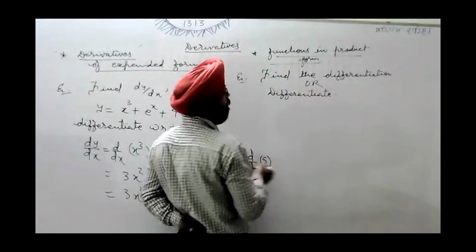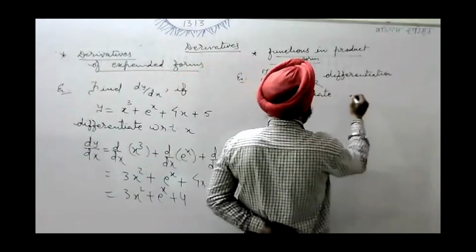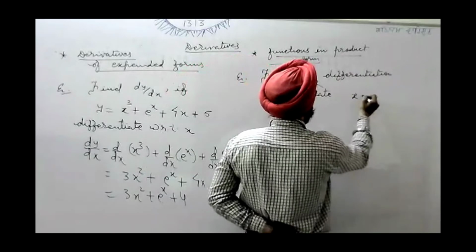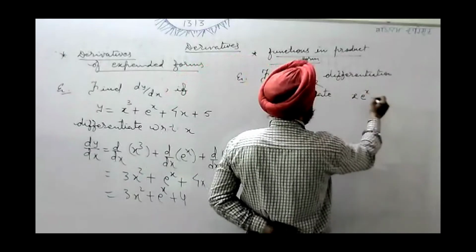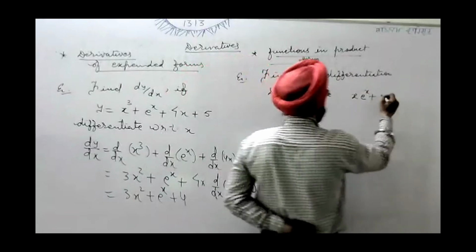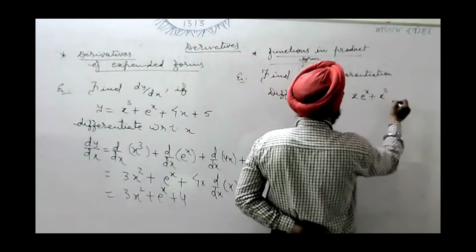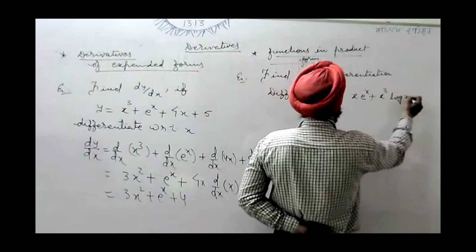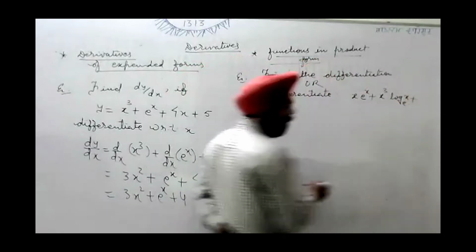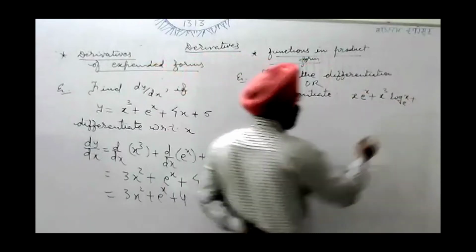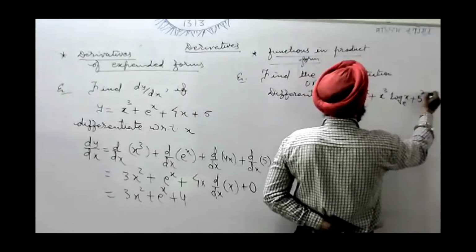What to differentiate? Suppose I say x e to the power x plus x cube log of x to the base e plus also 5 to the power x.